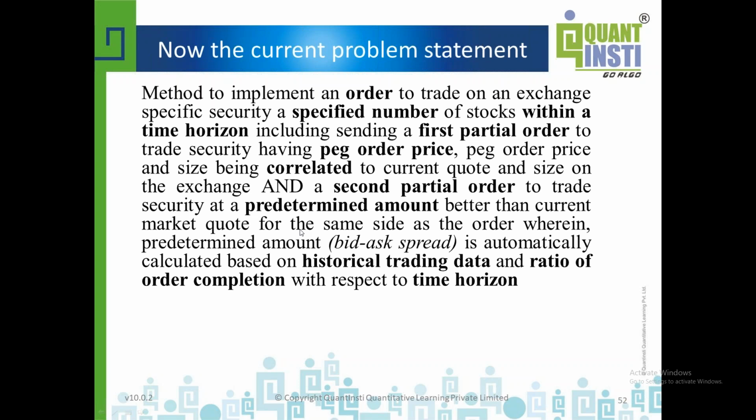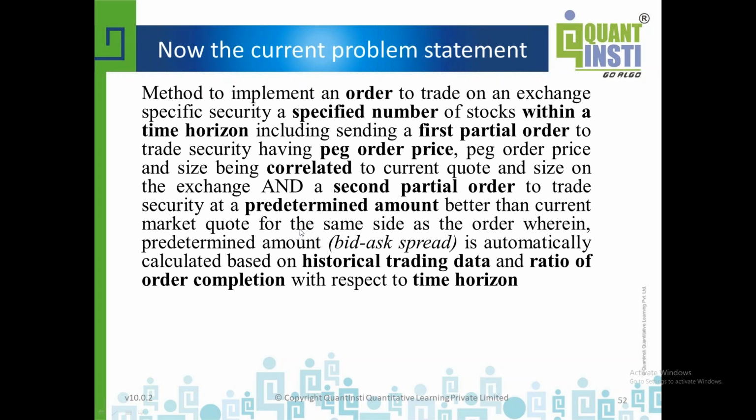All right. So now with the pegging and the discretion blending, your problem statement becomes that you have to specify the number of stocks that you want to sell. What is the peg order price? What would be the discretion range, and how to determine how much to peg?